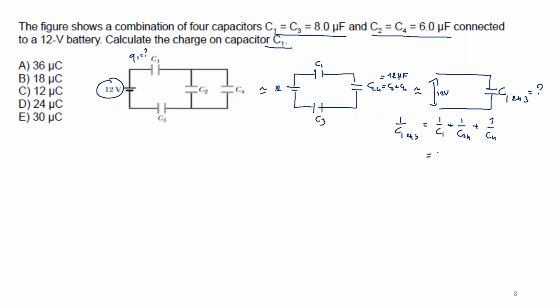Let's calculate it. So I have 1 over C1, basically 1 over 8. I leave everything in microfarad, then I will do it later. 1 over C24, which is 1 over 12.